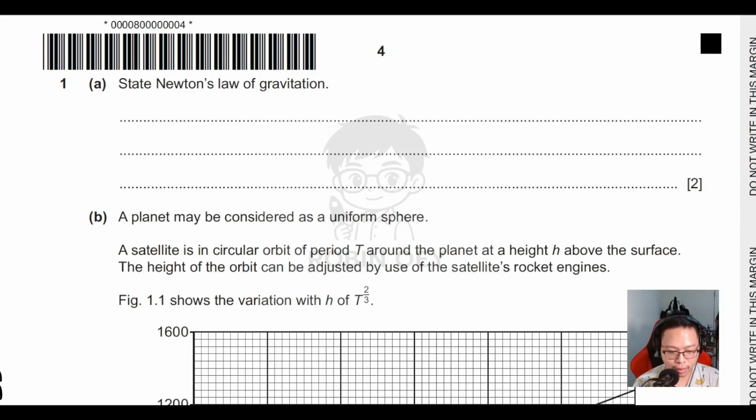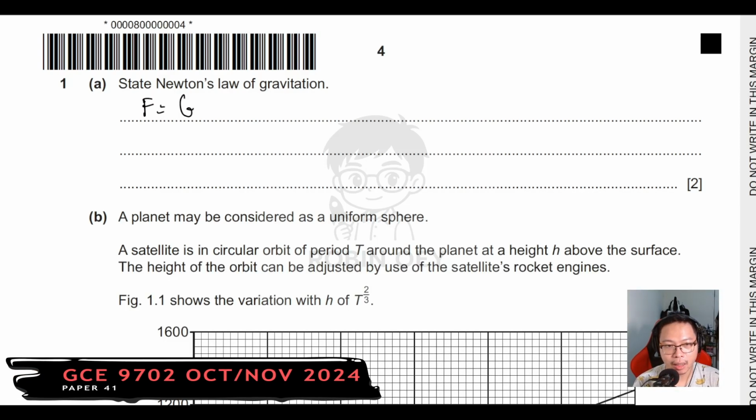Law of gravitation. So we are looking at F equals G times the product of the masses over r squared.